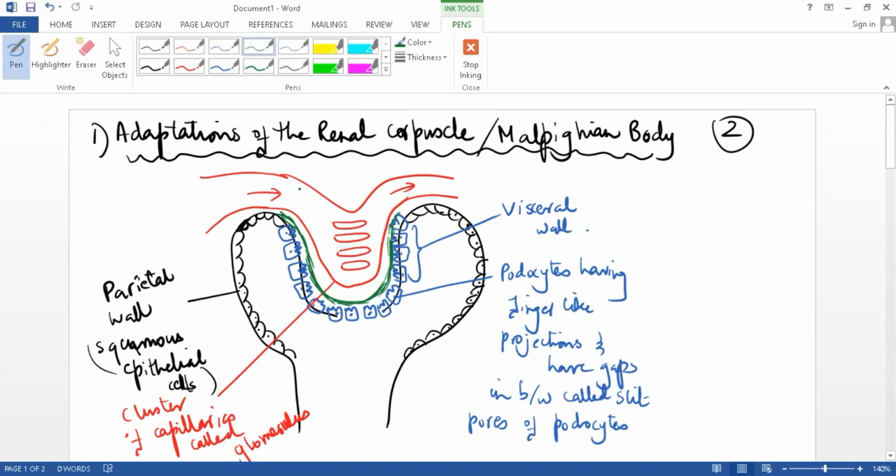So blood comes in through the dorsal aorta and through this afferent arteriole into this glomerulus, and when it passes through the cluster of capillaries over here, the glomerulus, it seeps down and crosses three barriers.